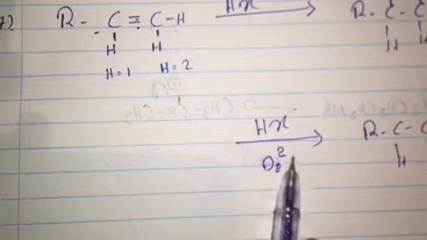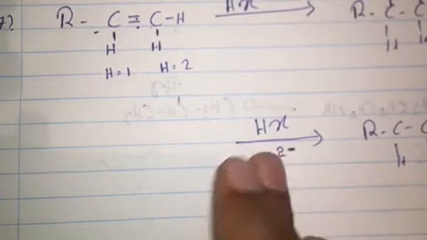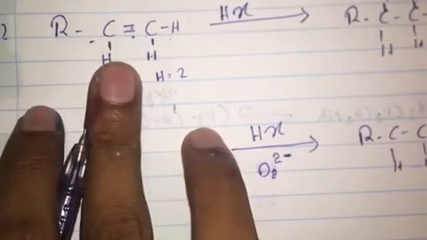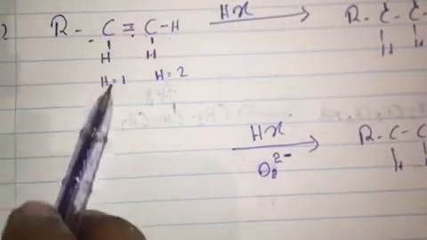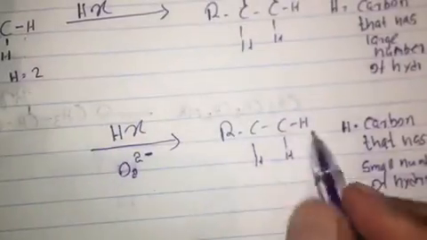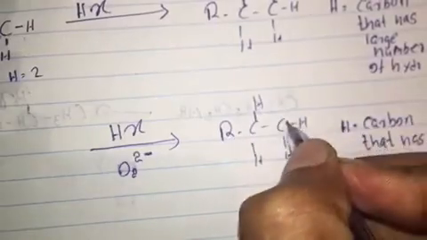When we add HX in a peroxide medium, the hydrogen attaches to the carbon that has the lower number of hydrogens. It means after breaking this pi bond, the hydrogen attaches to this carbon and the halogen group attaches to this carbon.